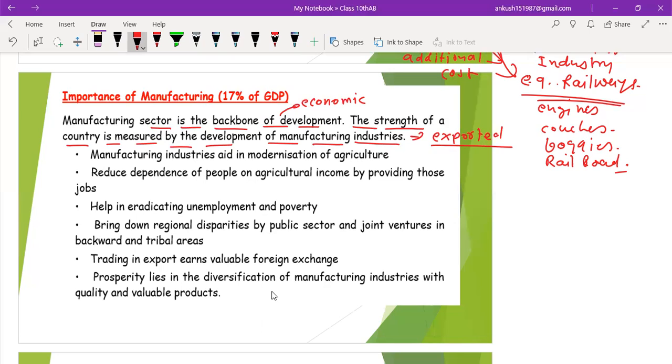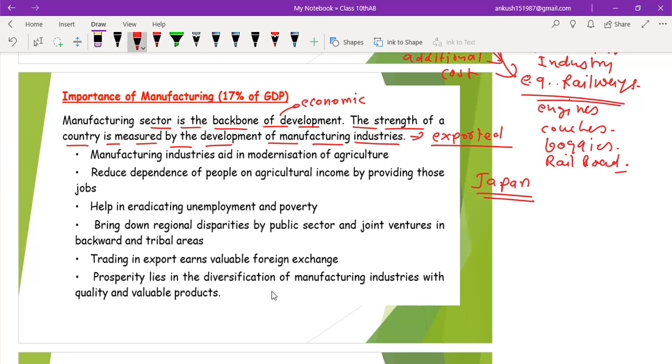Yes. So for any country's development, it is very necessary to manufacture as many products as the country can. I would tell you one example of one of the countries in the world, and that is Japan. Have you heard the name of this country? Yes, sir.